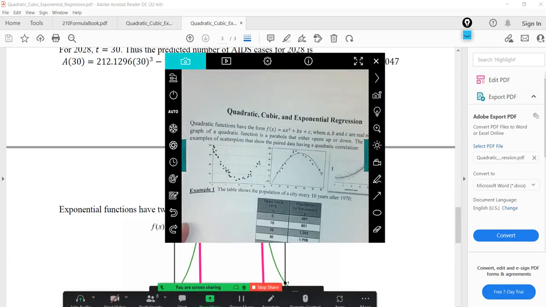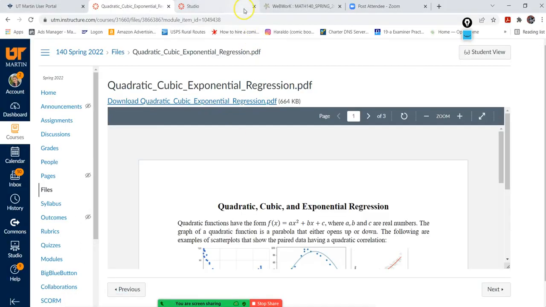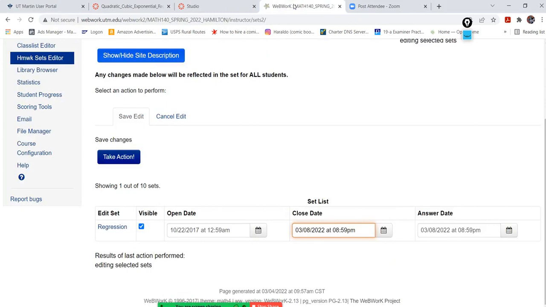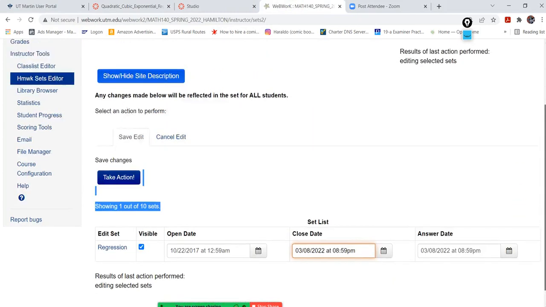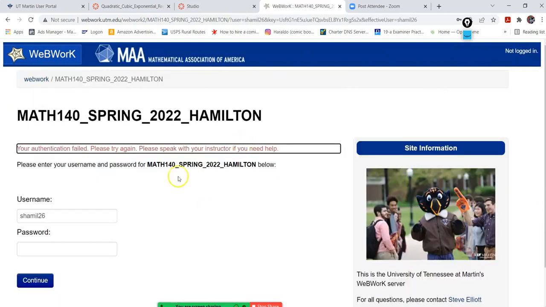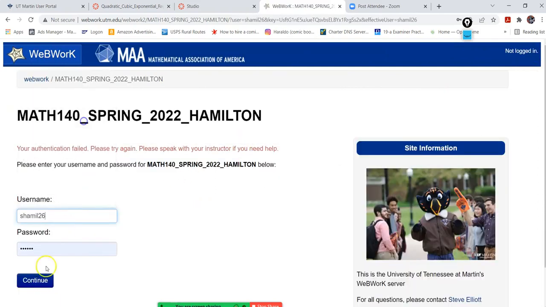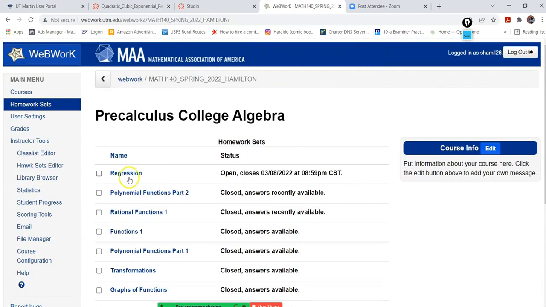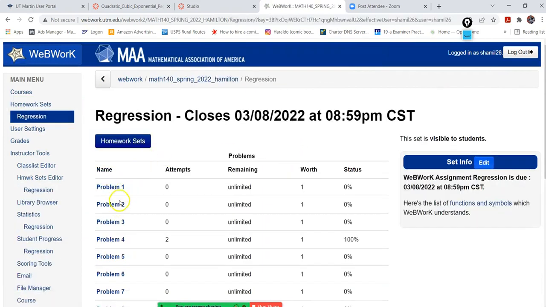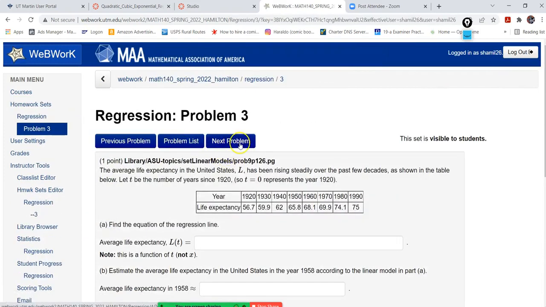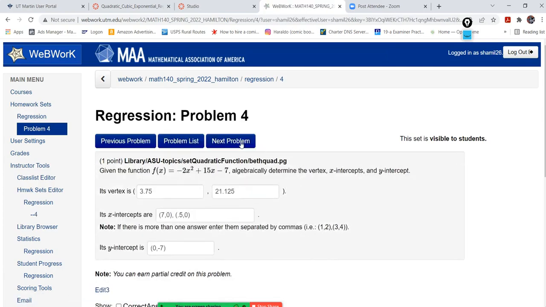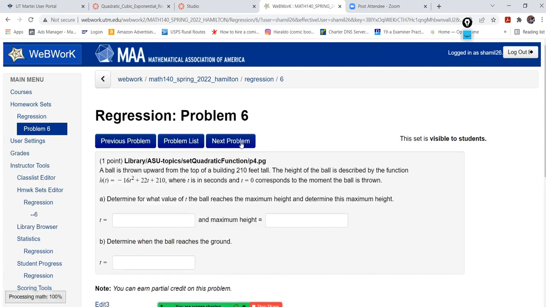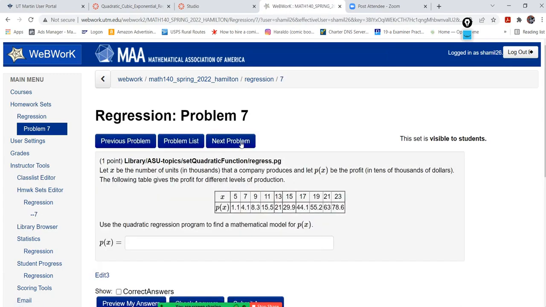Let's have a look at our WebWork. All right, so we had linear, we had looking at the vertex.